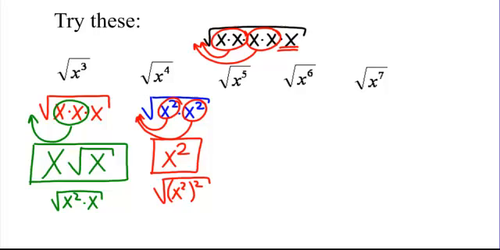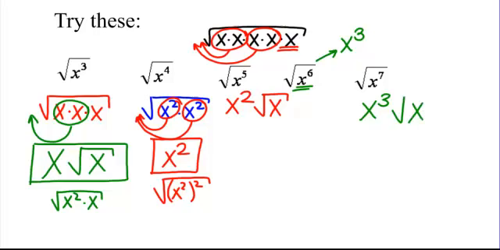So the square root of x to the 5th is really the 2 pairs of x's we took out, so x squared, times the square root of x. So the next one, x to the 6th power, we can make 3 groups of x's, so it's x cubed. X to the 7th power, we could make 3 groups, like the x to the 6th, and then there'd be 1 x left inside without a friend to leave.